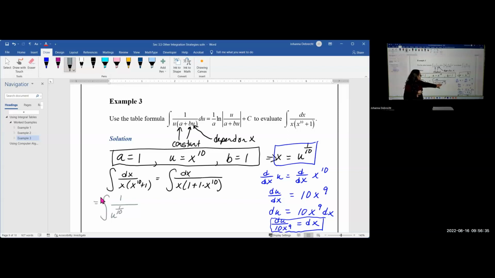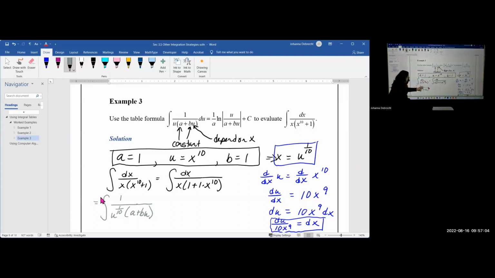And then inside parentheses, I have a is 1, b is 1, and u is x to the 10th. So this becomes a plus bu inside parentheses. Again, I'm trying to exactly match the pattern on the left. I'm trying to get the integrand to be 1 over u times quantity a plus bu with a differential du.